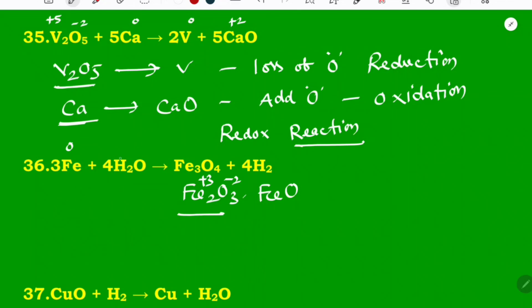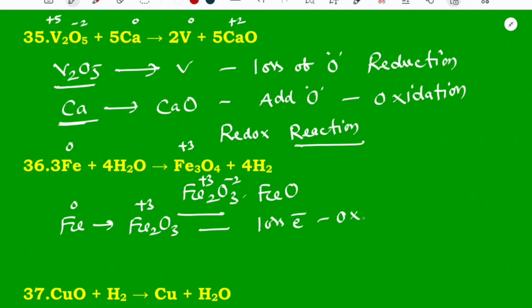Loss of electrons takes place. Iron to Fe2O3, 0 to +3, loss of electrons. Loss of electrons means oxidation.